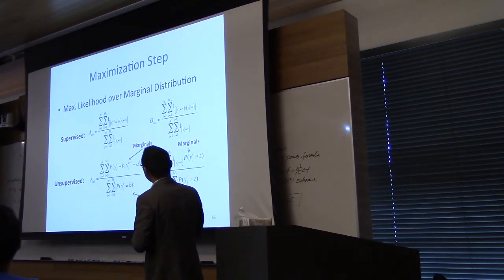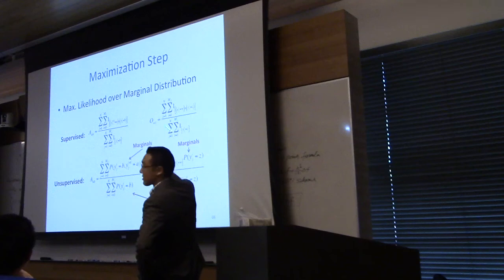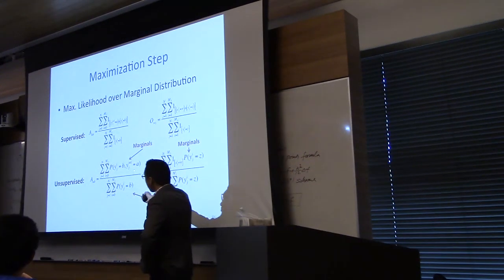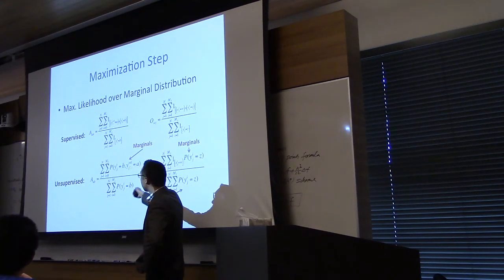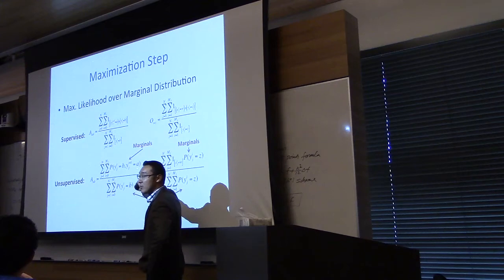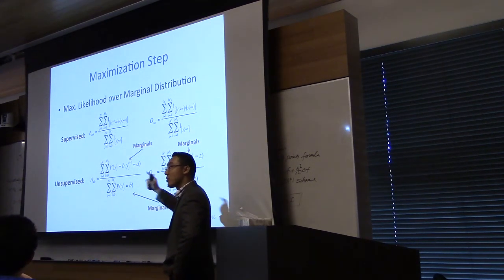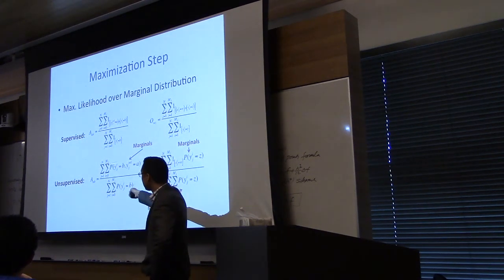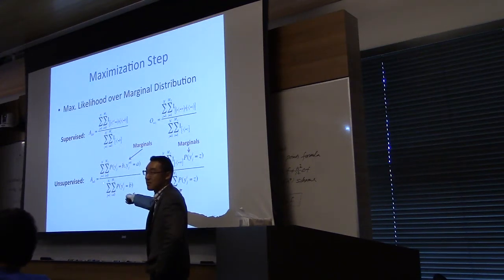So in supervised learning, if you observe the y's, the estimation of the parameters of the models is a closed-form formula, just like in naive Bayes. In unsupervised learning, we don't have that. We don't have observing this. But if we had a guess of the probabilities, then we could estimate the parameters of the model, just like in the supervised learning case. So what we do is we do alternating. We start with an initial guess of the parameters. Then we estimate these quantities, and then we re-estimate the parameters.